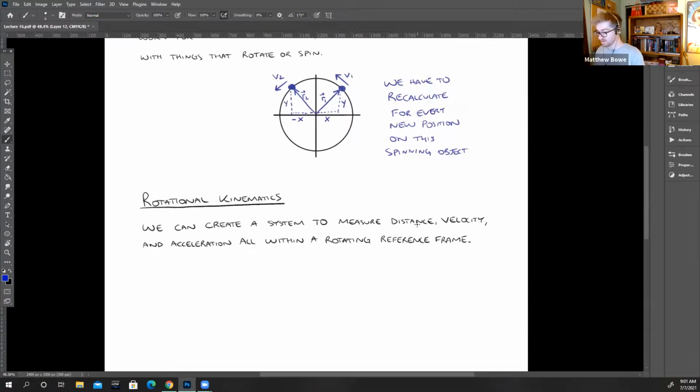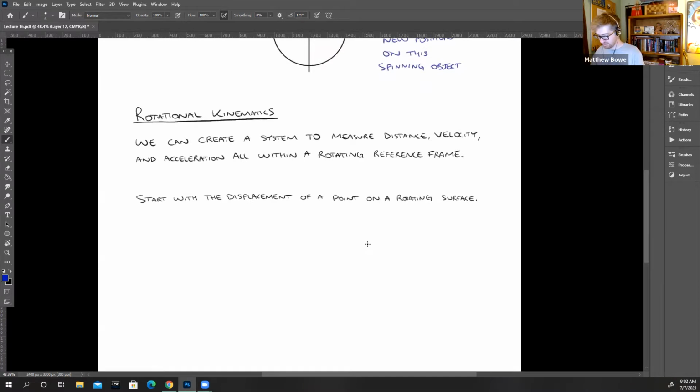rotational kinematics, we can define the displacement of something that's spinning. Some distance, some point on a rotating surface. And this is general enough that it doesn't have to be a perfect circle that's spinning. We just need to know what is the distance from the point that this object is spinning. We bring up the same exact picture.